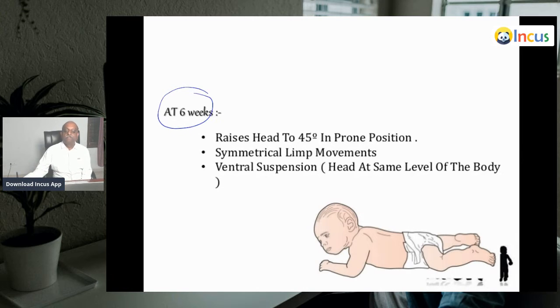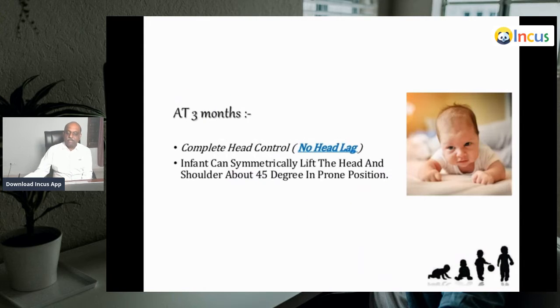Six weeks, he raises the head to 45 degrees in prone position, symmetrical movements, ventral suspension. If you do, the head is at the same level of the body. That is 6 weeks. At 3 months, he gets a complete head control, no head lag.